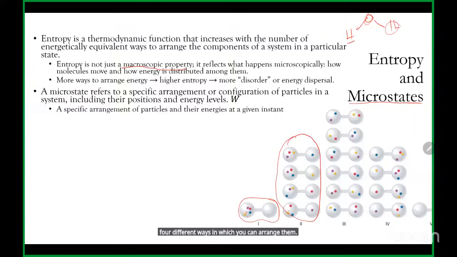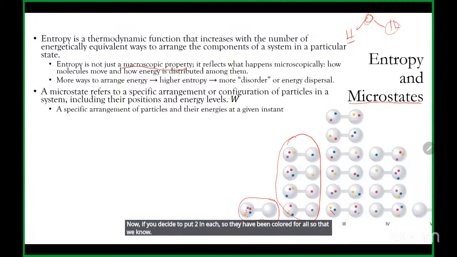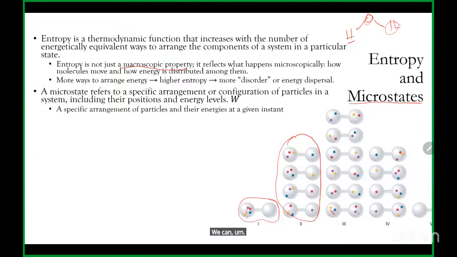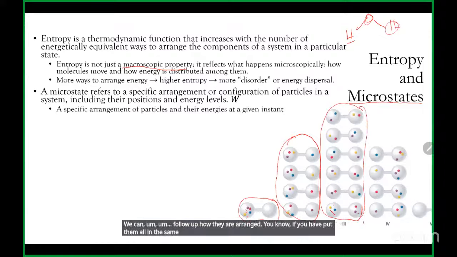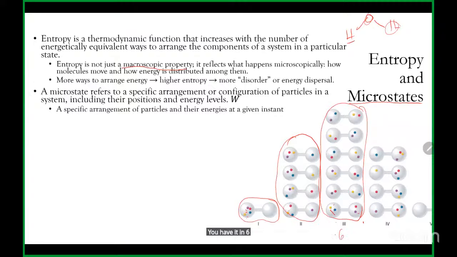Now, if you decide to put 2 in each, they have been colored for us so that we can follow how they are arranged, if you had put them all in the same color. So if you decide to put 2 on each side, you have it in 6 ways. This reminds us of combinations and permutations. Now, entropy is related to how a system is arranged.